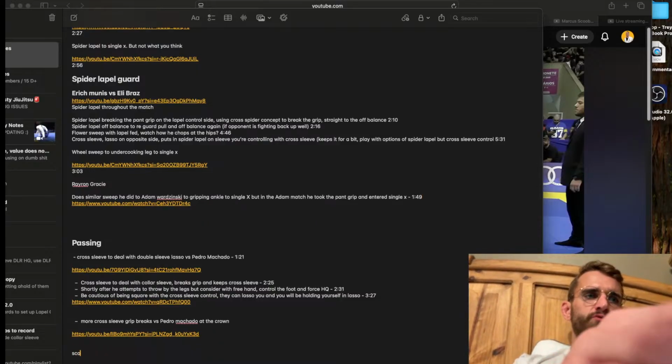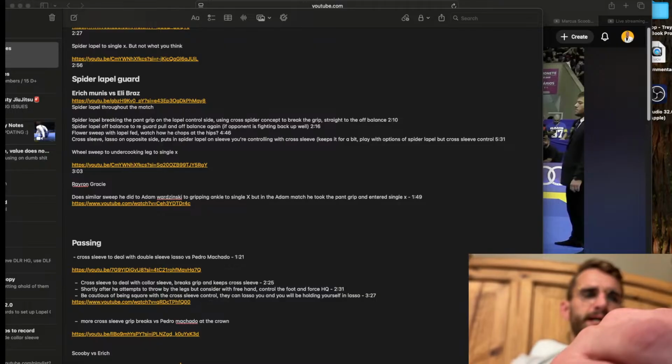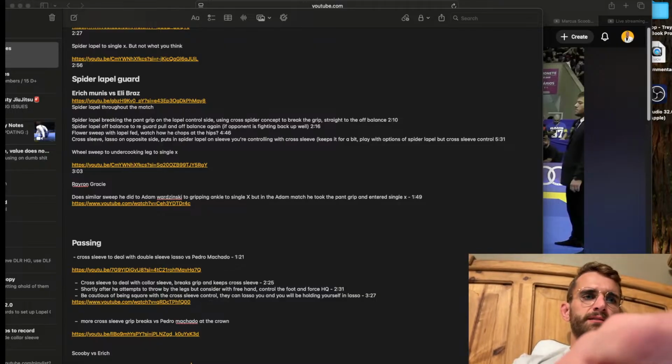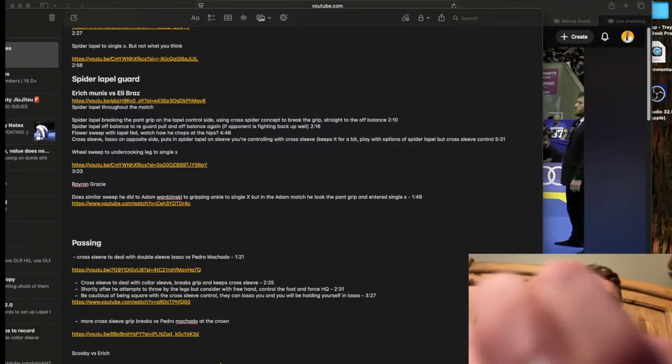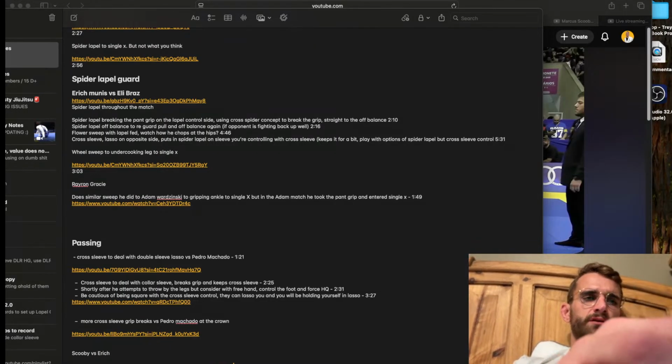Let's say Scooby. Obviously, this is not Scooby-Doo versus Erich. And then making the notes on there. Squid guard sweep to passing to single X side, but was a 70-30 hook.